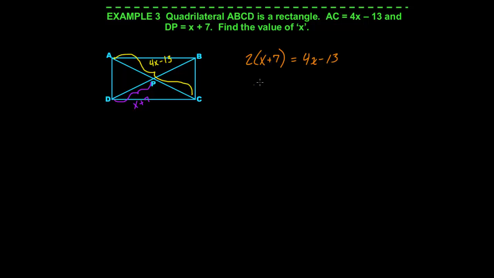Alright, so now let's solve. 2x plus 14 equals 4x minus 13. For simplicity, let's subtract 2x and add 13 to both sides. I'm doing these two steps in one fell swoop. 27 equals 2x.